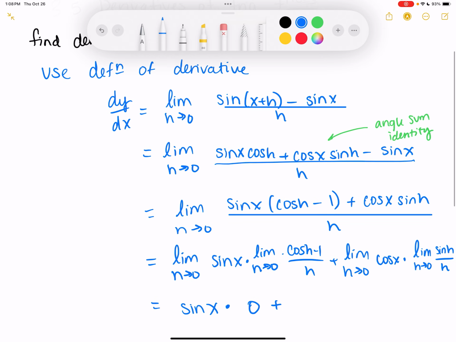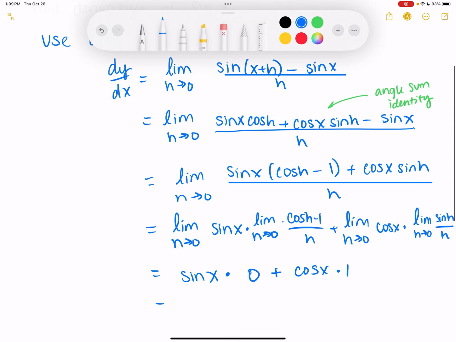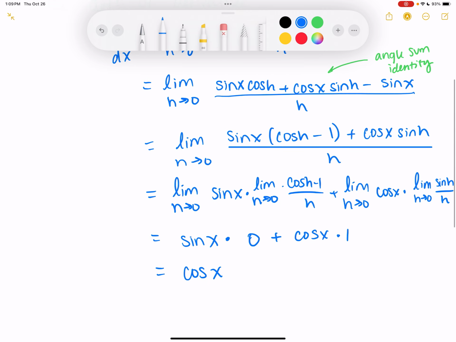Plus, this one has no h's, so cosine of x times, this is a limit that we memorize, which is just 1. And so by the time this is all said and done, this is equal to the cosine of x. So d dx of sine of x is equal to cosine of x. So the derivative of sine of x is cosine of x.